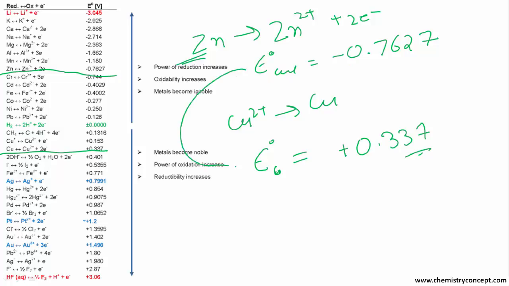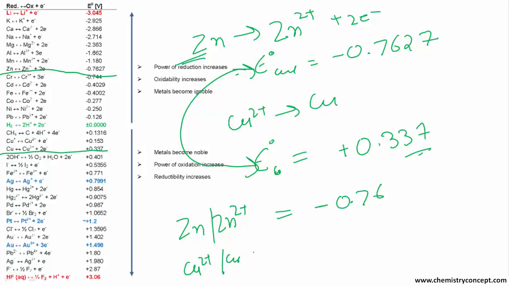So for both the half cells, for zinc to zinc 2 positive the potential value is minus 0.76, and for copper 2 positive and copper the value is plus 0.337. The one which has the more negative value will be at the anode and will undergo oxidation.